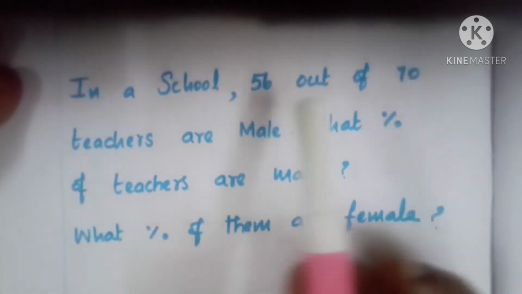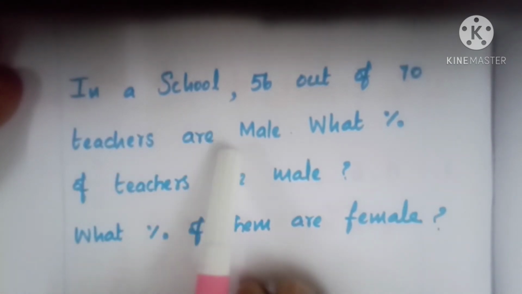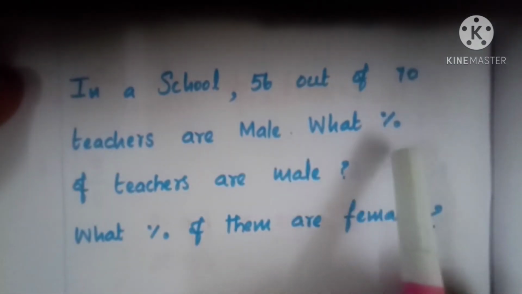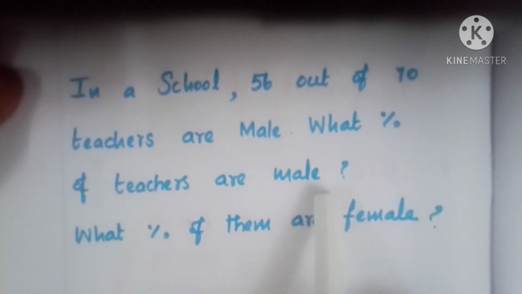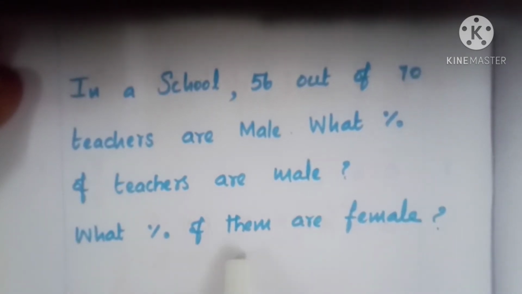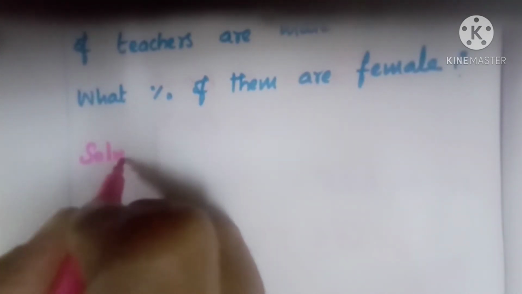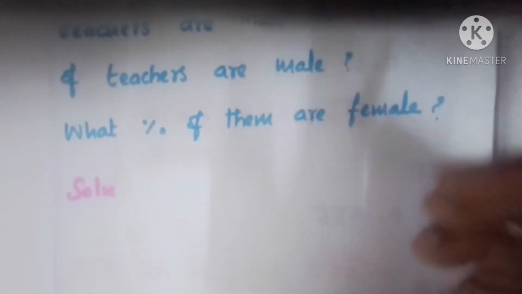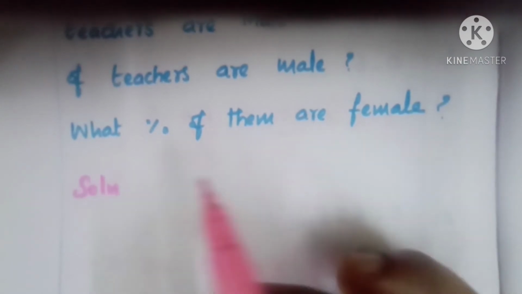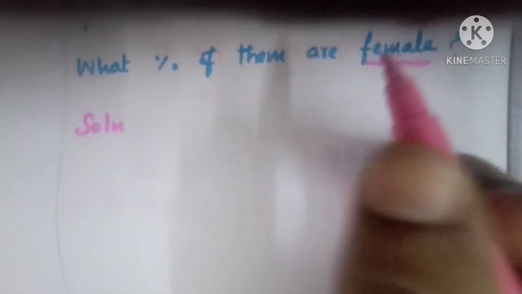In a school, 56 out of 70 teachers are male. What percentage of teachers are male? And what percentage of them are female? Solution. What do you have to find out? You have to find out the percentage of male teachers and percentage of female teachers.